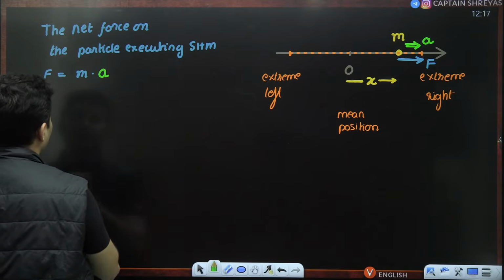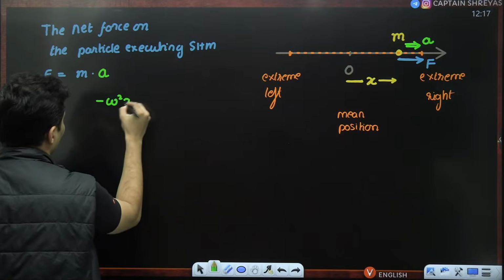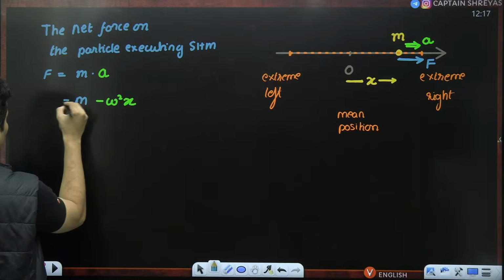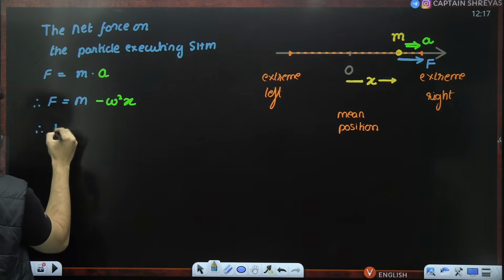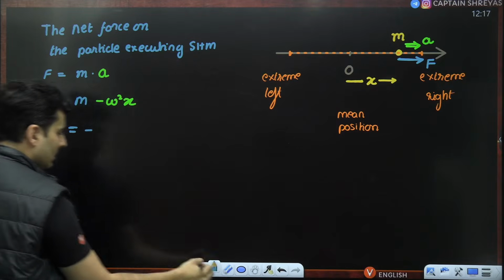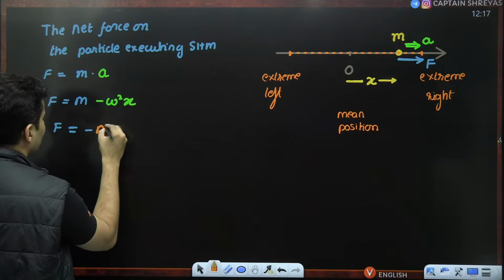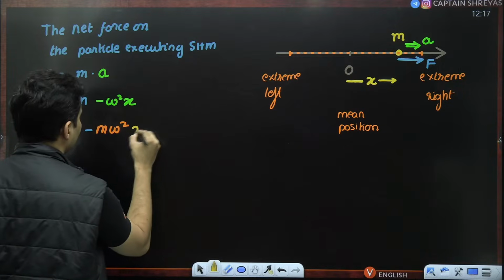But acceleration is minus omega square x. So F is minus m omega square x. So now I have an interesting thing to write down over here. Observe this, m omega square into basically your x.